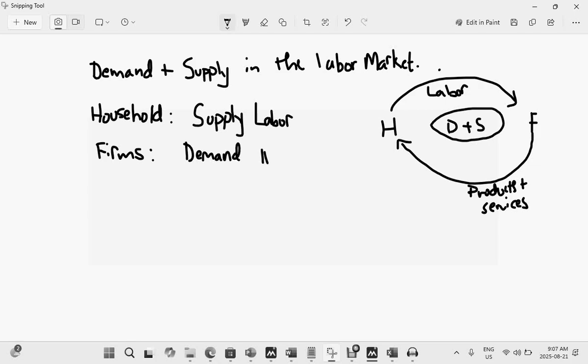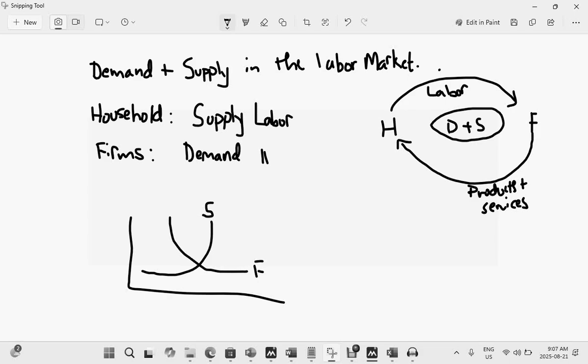Which means that if we go back to our demand and supply curves, assuming that this is your supply curve relevant to your household, and this is your demand curve relevant to your firm. So as the wages go up, the supply of labor from households goes up, right?